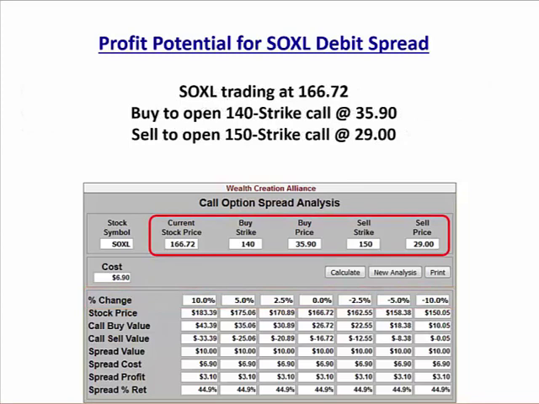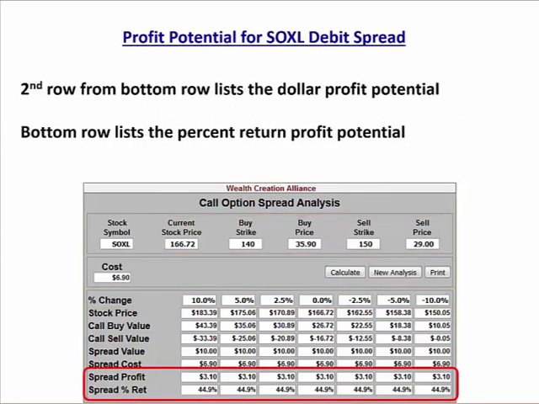And the second row from the bottom, which is this row right here, gives you the profit potential for the trade. In this example, it has a $310 profit potential, and the bottom row lists the percent return potential for the trade.